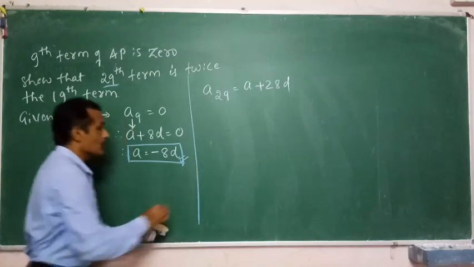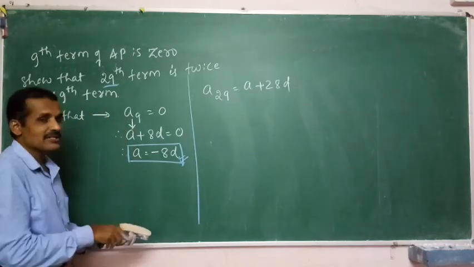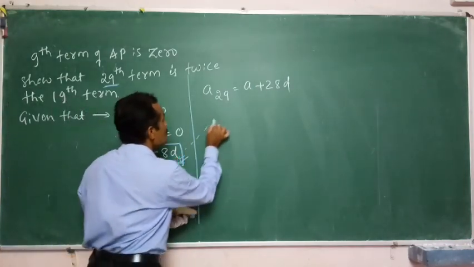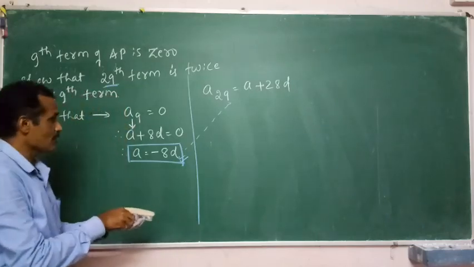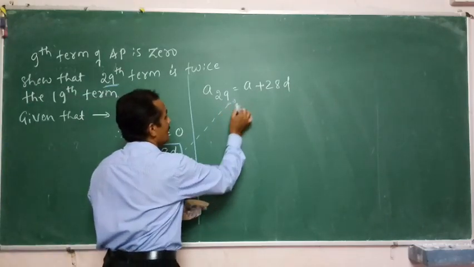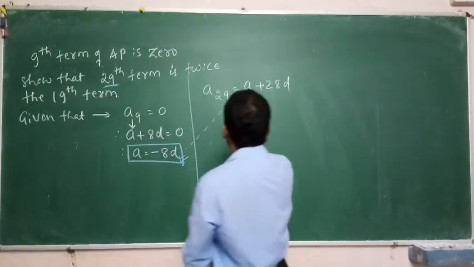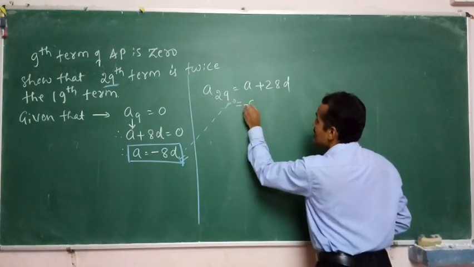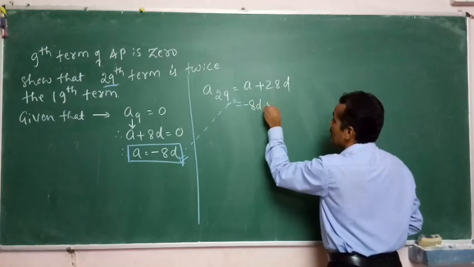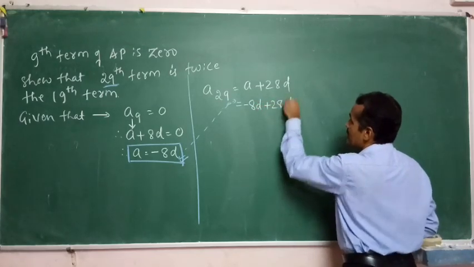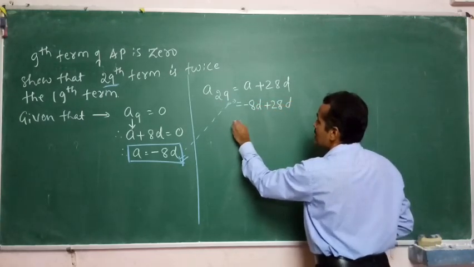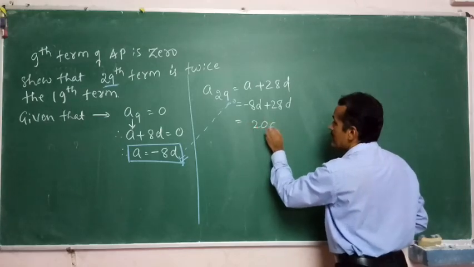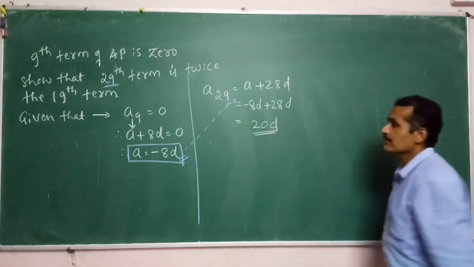Value of A is known to you how much? Minus 8D. That I am going to substitute here. In the place of A, I will substitute minus 8D plus 28D. Answer is plus 20D.